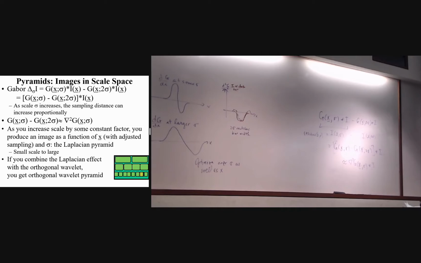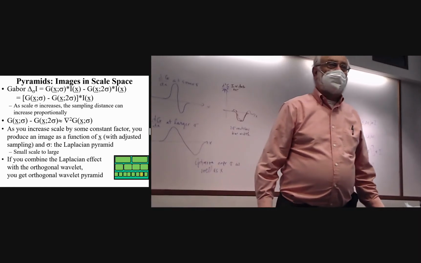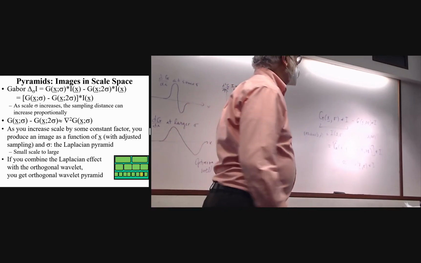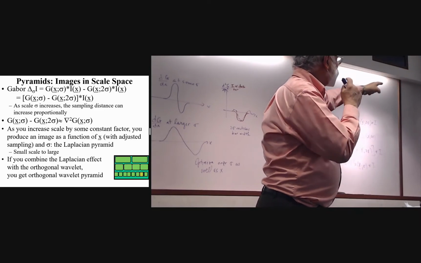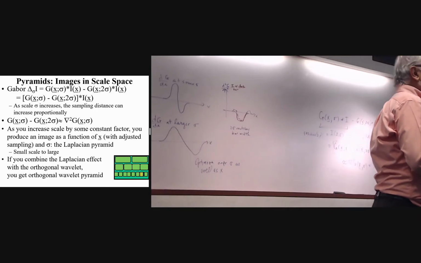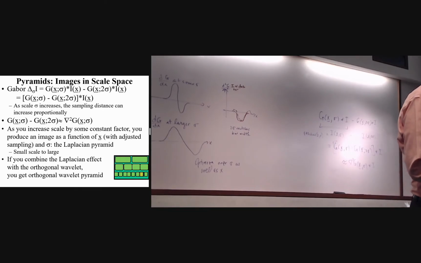Now you could do the Laplacian directly if you really wanted to. You could actually take derivative operators to get the difference. But it's computationally faster to do it just straight in Gaussian multiplications. And the result is you get what's called the Laplacian Pyramid. So for sigma 0, if sigma 0 is the smallest one, you can subtract out the next larger one and get those differences recorded in your pyramid, and then by inverse Fourier transform.